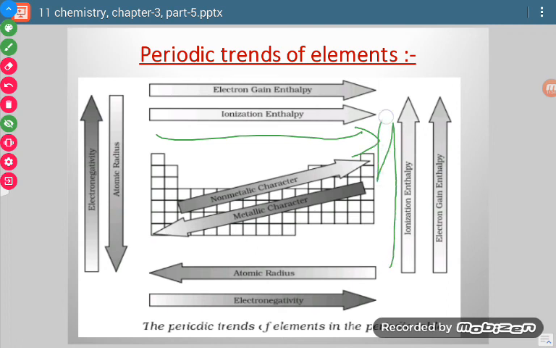Similarly here you can see, if we move from bottom to upside, then ionization enthalpy and electron gain enthalpy values increase. If we move from this side to this side, then atomic radius increases. If we move in the reverse case, then electronegativity increases. So this is just to remind you about all the properties which we have discussed.